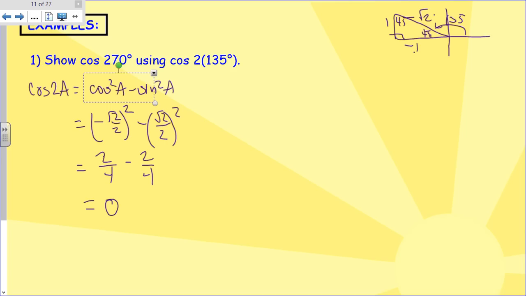And next, we're going to use the next formula down, which is 2 cosine squared a minus 1. Well, we already determined that the cosine of a, which is 135 in this case, is going to be negative radical 2 over 2.